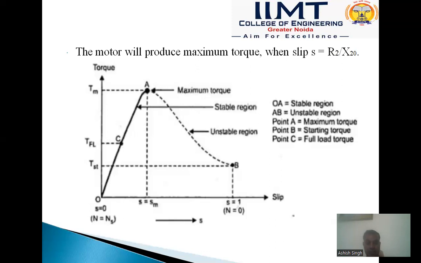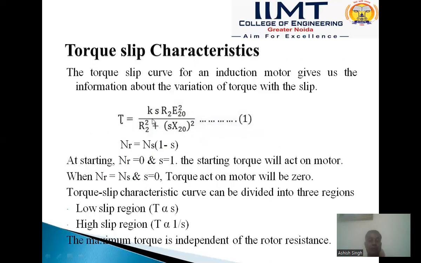So here we saw the dotted line at high slip region: when slip continues increasing, torque will decrease. Now, when slip becomes 1, as we know, s will become 1 when the rotor is at standstill condition. So at standstill condition, we put the value of s equal to 1.